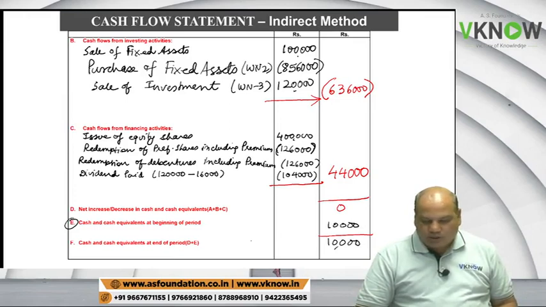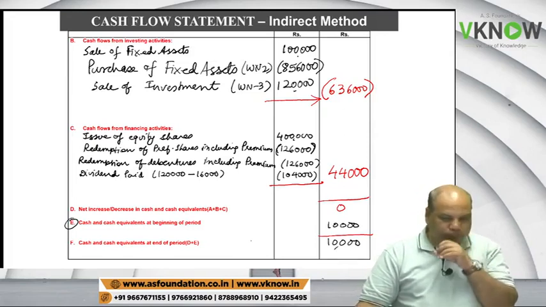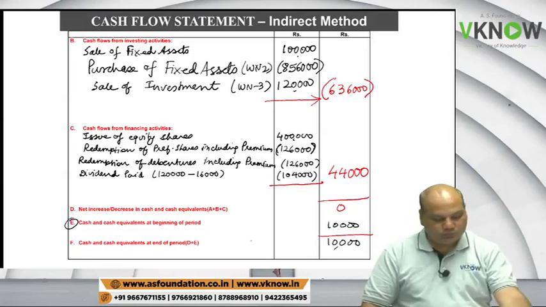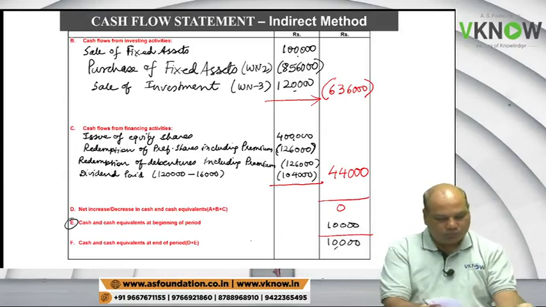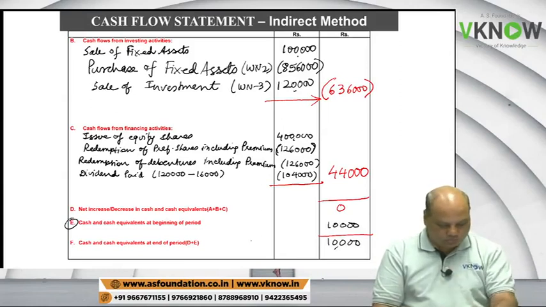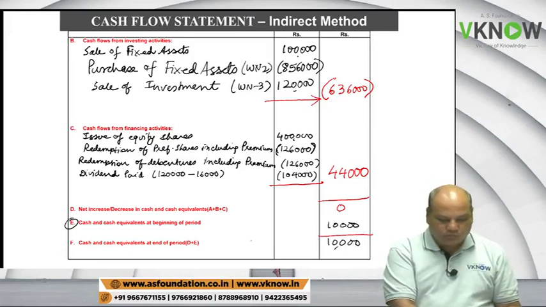Is the total matching with 0? Yes. Everybody got it right. 44,000 is right.